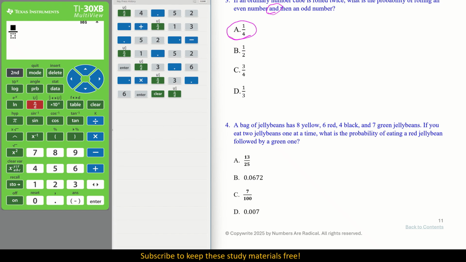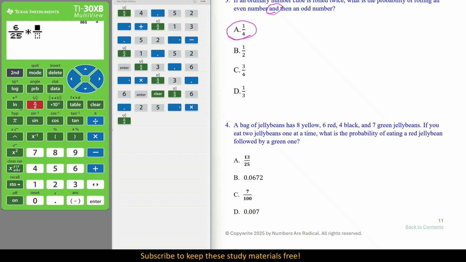In red there are 6 of them. But we need to look at how many total jelly beans we have. I see 10 plus 15, that gives me 25 jelly beans. And I know I will eat both of them, so that's multiplying. It implies and.